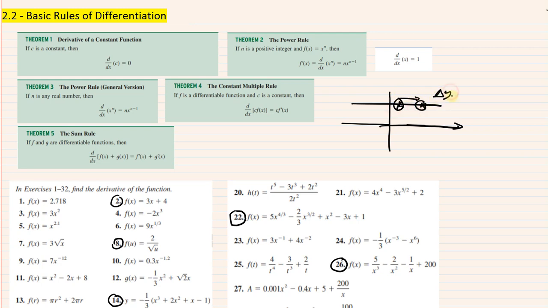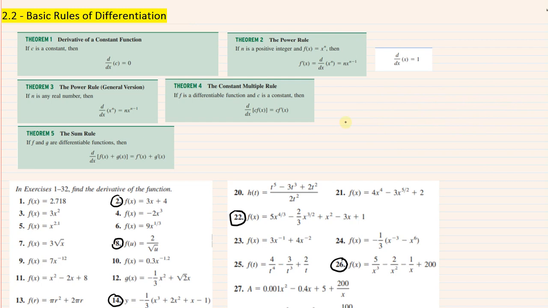So delta y is 0. However, there is a change in x, so there is a delta x. But the limit of delta y over delta x is going to be 0.